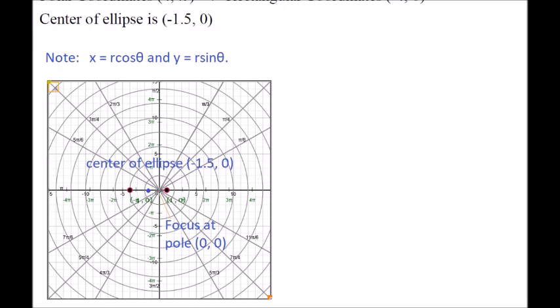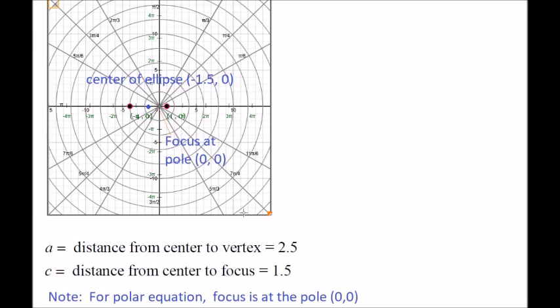And once again, in the polar equation of an ellipse, the focus will be at the pole, which is the point (0, 0). When we're dealing with the ellipse, a represents the distance from the center to the vertex, so the distance from here to here is 2.5.